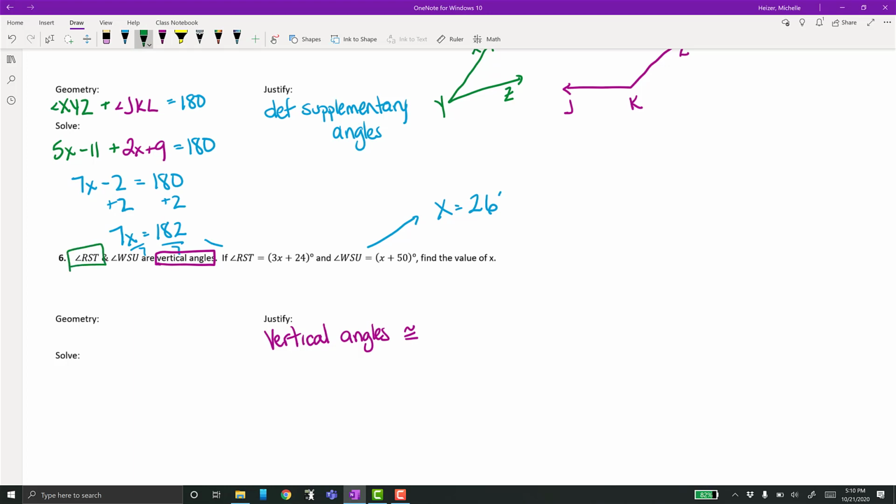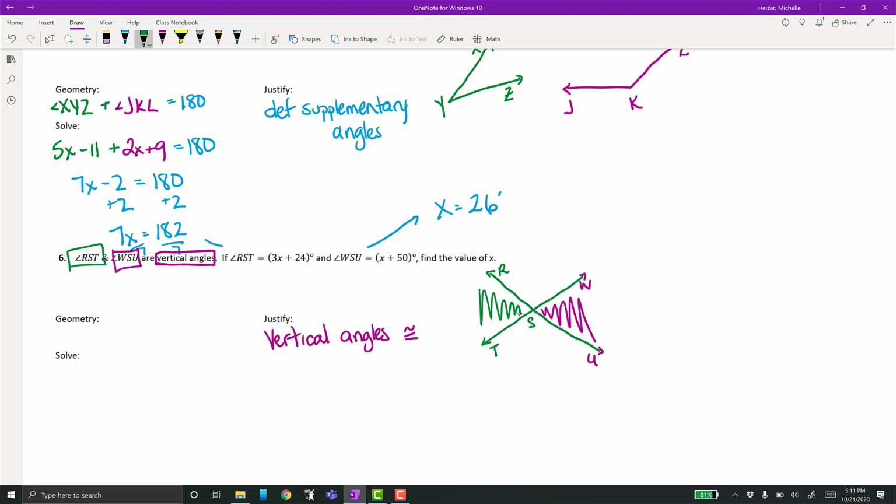RST. And then WSU. Okay. So what we're looking at is this angle here and this angle here.